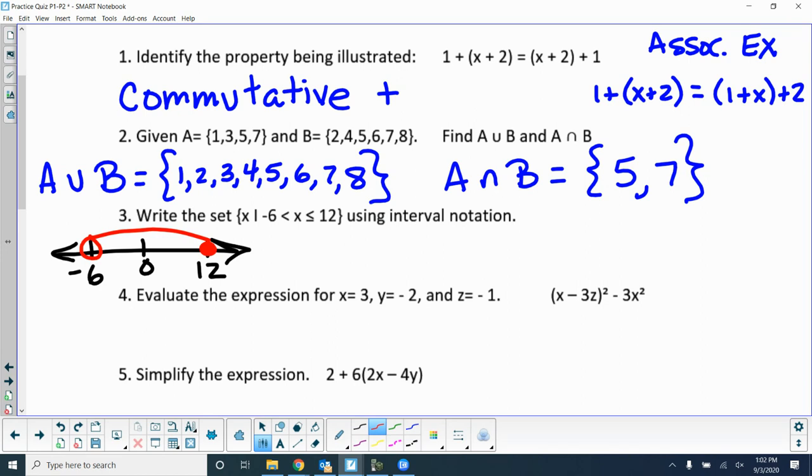The bracket means we are including the number. So, for the -6, we're not including it, so that's parentheses. And you just put the two numbers in parentheses with a comma between them. The 12, we are including the 12, so that's when we do that squared off bracket.